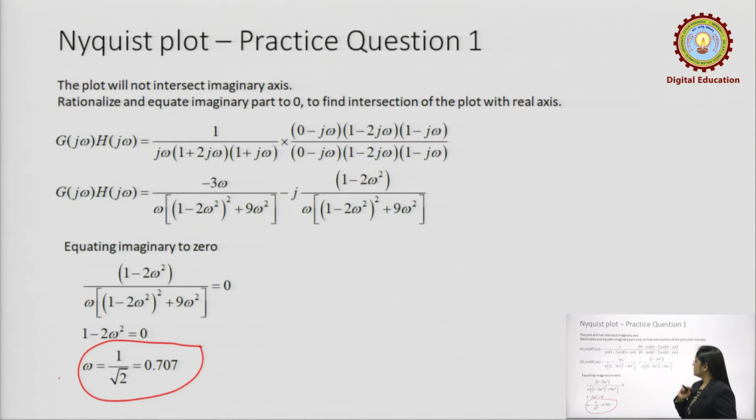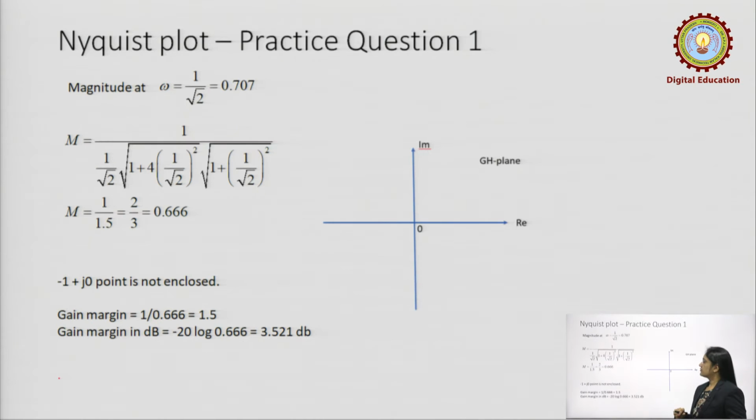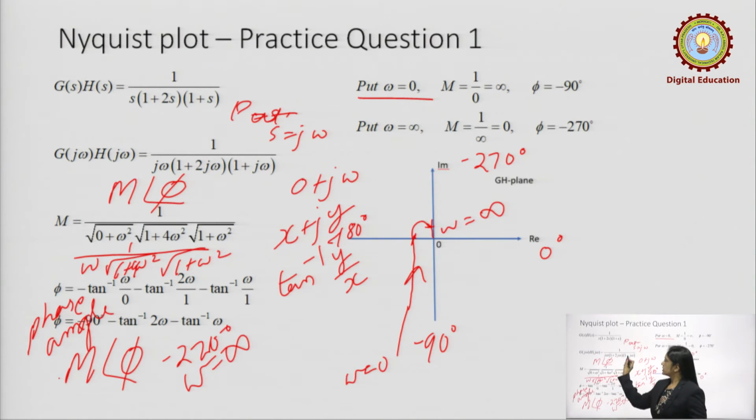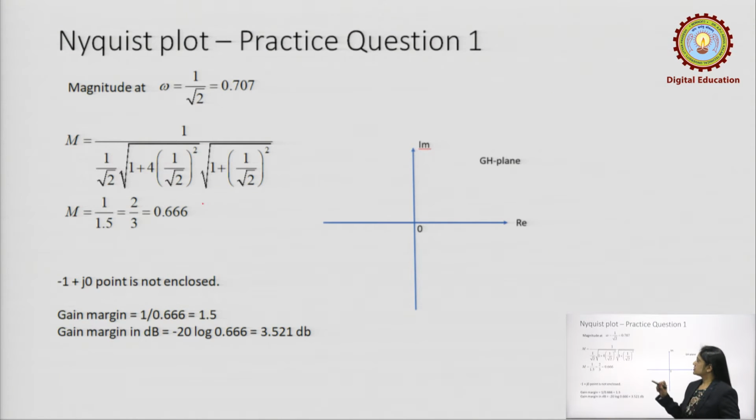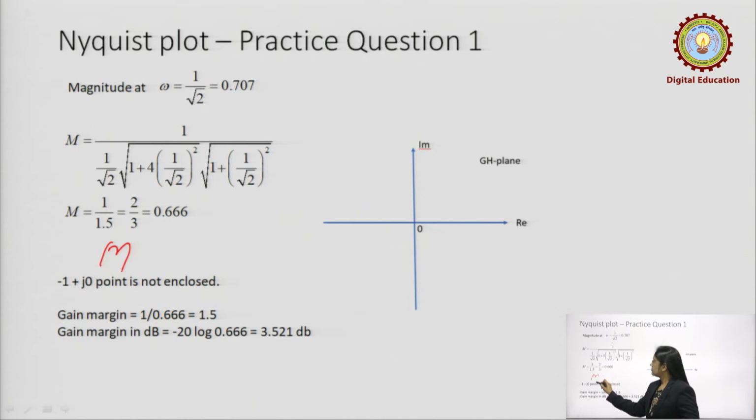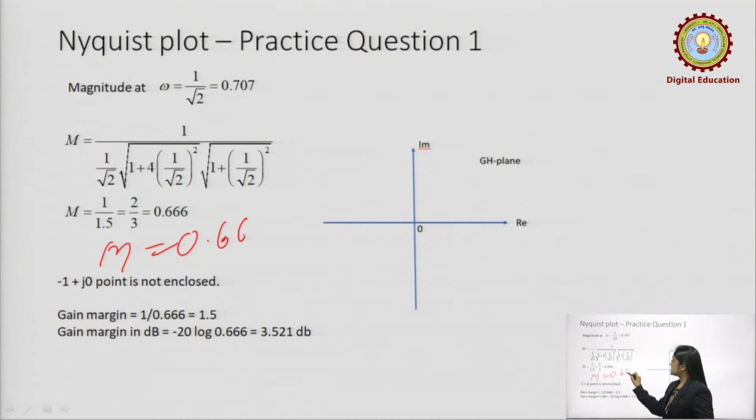This is known as the phase crossover frequency. And what is the magnitude at the phase crossover frequency? We are substituting omega as 1 by root 2 in the magnitude equation and found that the magnitude is 0.66.